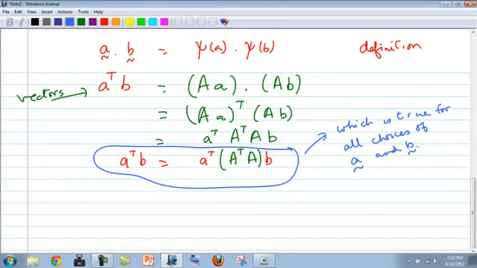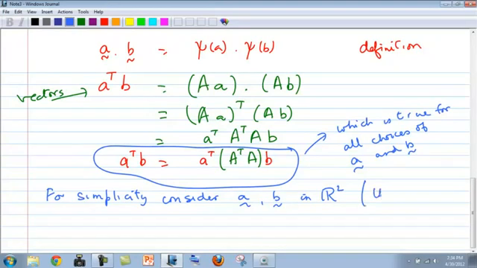So just for simplicity, consider A and B in R2. So therefore there are two by one column vectors.